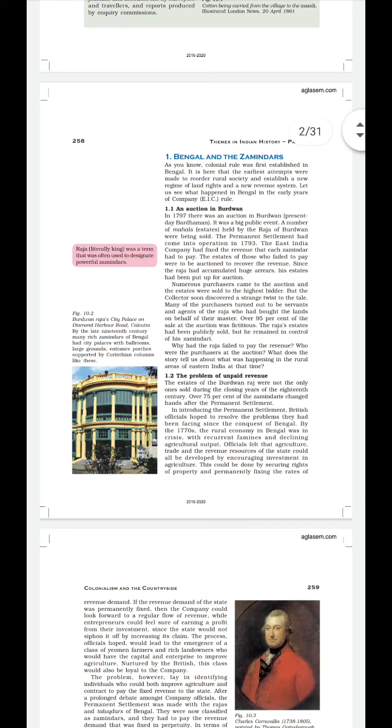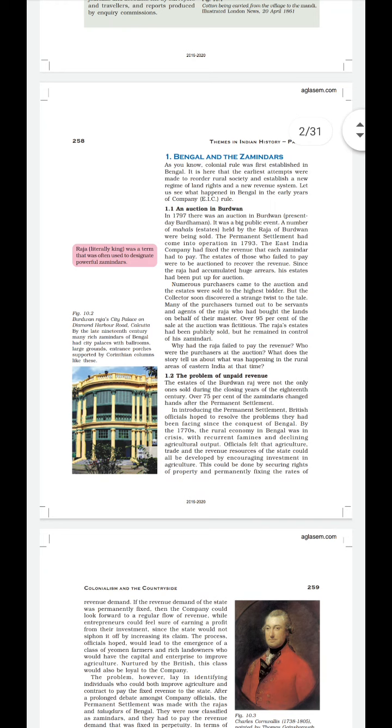During the 1770s in Bengal, there was a huge economic crisis, due to famine, as agricultural output had decreased.